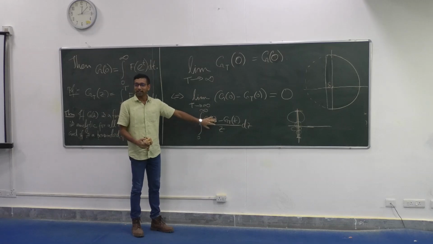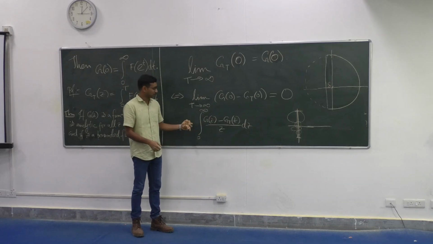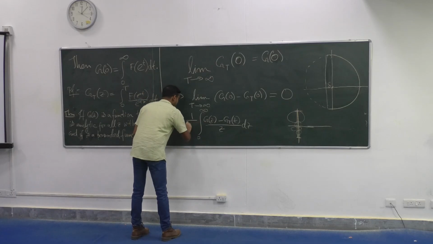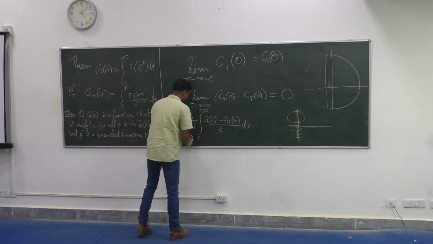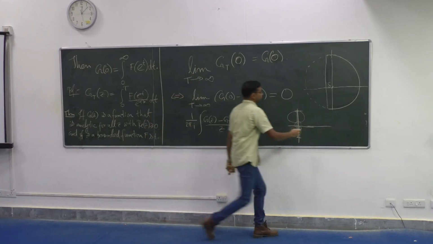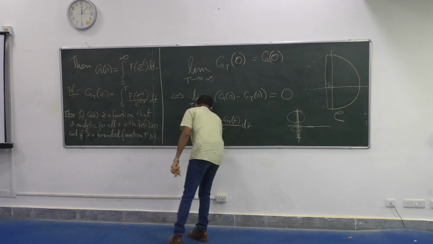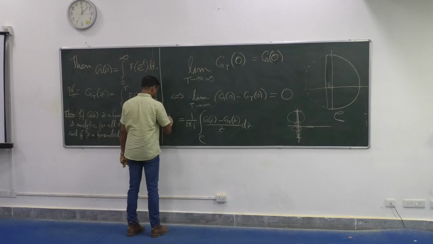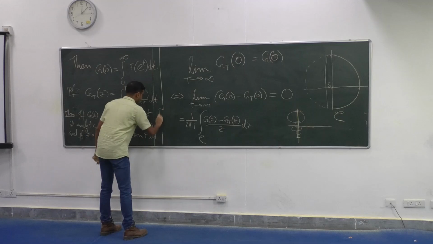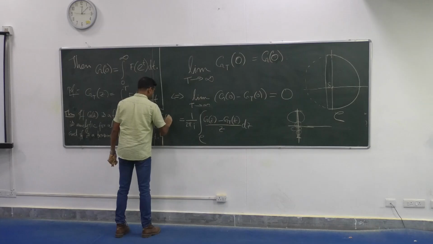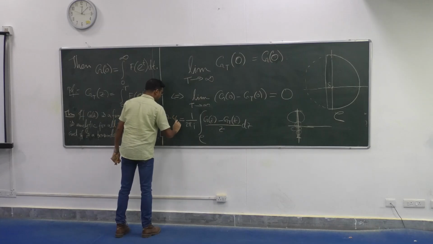A more direct approach: let us just divide this by z. I wanted to write the integral over this contour. I think that this is giving you the required quantity, g0 minus g_t(0).